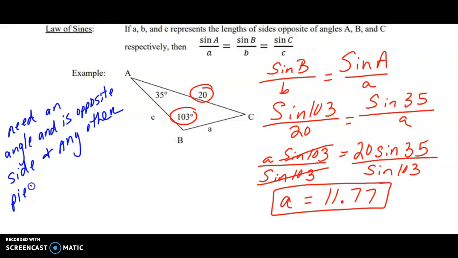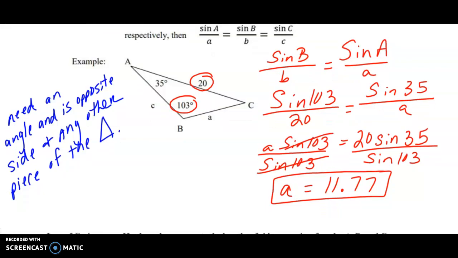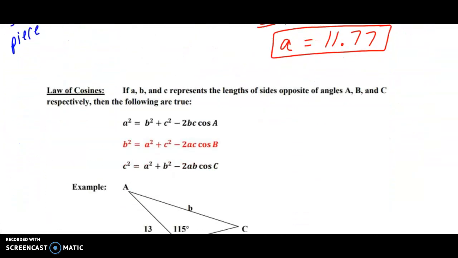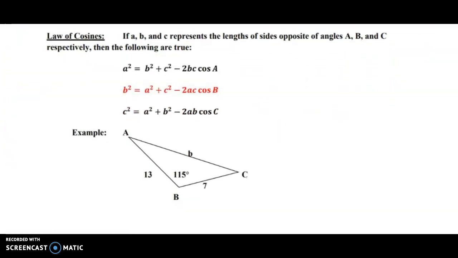Should have typed this. This would be neater for you guys. Okay, any other piece of the triangle. And then all you do is you set up a proportion and you solve it. Now, if you don't have an angle and its opposite side, that's where we're going to skip down to the next part here. That's when you're going to use your law of cosines.